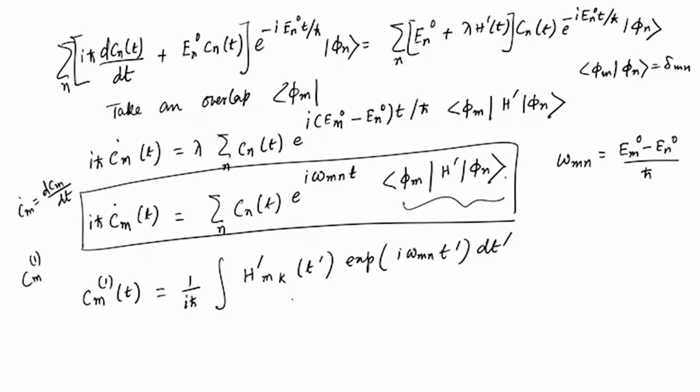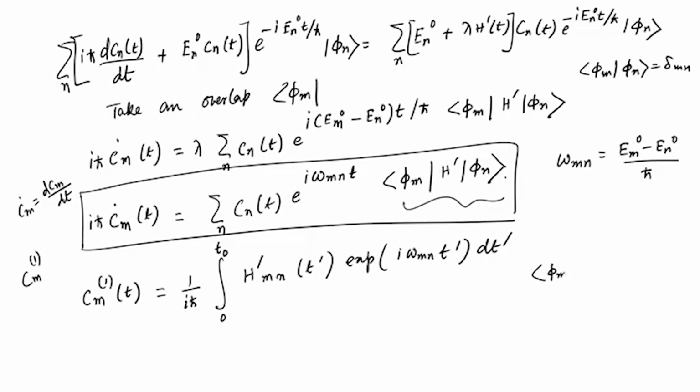You see, what we have done is that we can of course write it as mn, there is no problem, it was just a dummy variable. So, now this integral, let us say, is from 0 to some t_0. Okay. So, what is h prime_mn?